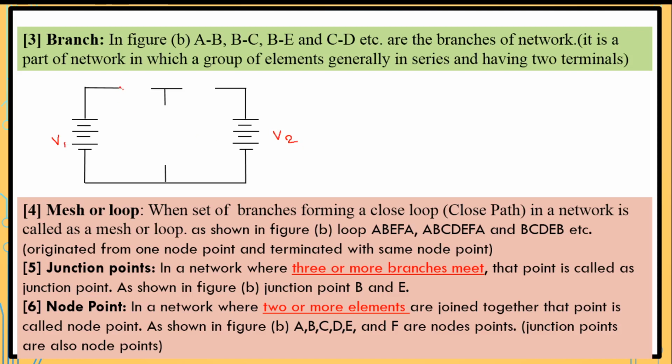Here we have connected resistance R1, another resistance R2, and an inductance, that is L. This is an active network, because it consists of active elements as well as passive elements. R1, R2, L are the passive elements, and V1, V2 are the active elements.